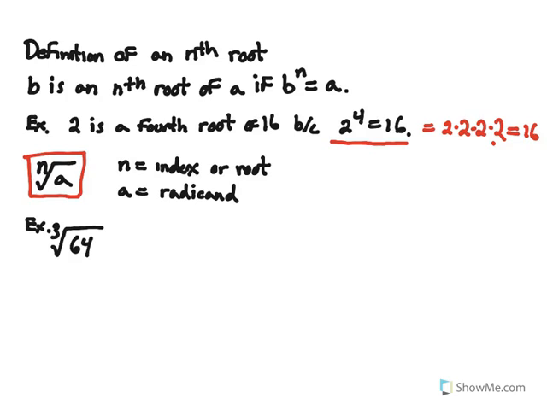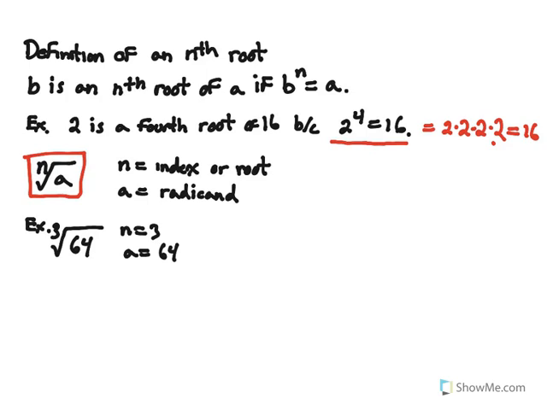What is asked is you're taking the cube root of 64. So 3 is going to be your n, and a, in this case, is going to be 64. And this problem is asking you to take the cube root of 64.